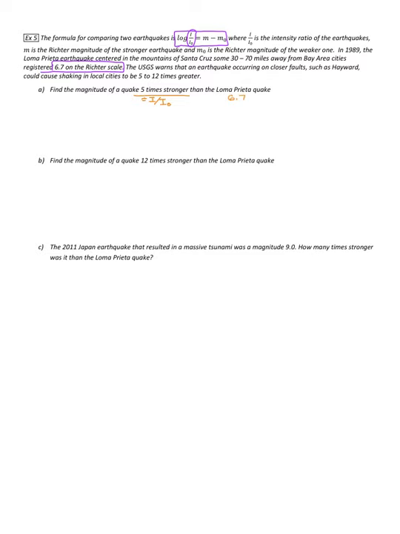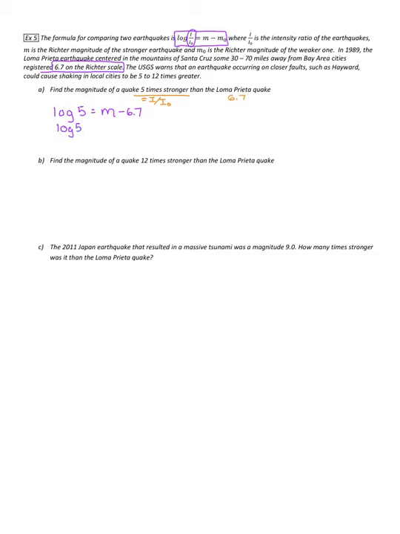So using our little formula up there, we're going to have log of 5, because that's your I divided by I naught, is going to equal M. That's the M we're trying to figure out. We're assuming it's bigger because it's 5 times greater, minus the 6.7 Loma Prieta. Okay, so log 5, remember, is just a number.